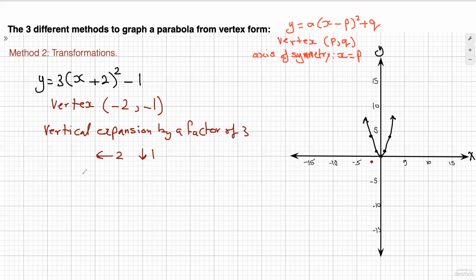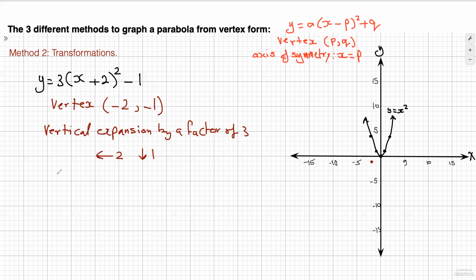Now let me map them out. So the other points that I have, and this is, by the way, we're going back to y, because this is y equals x squared. That's your parent graph, you know, when x is 0, y is 0, when x is 1, y is 1, when x is 2, 2 squared is 4, y is 4. So that's what we're using as a reference, the parent graph, to use transformations to graph what we have here.